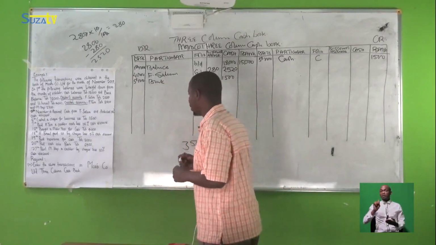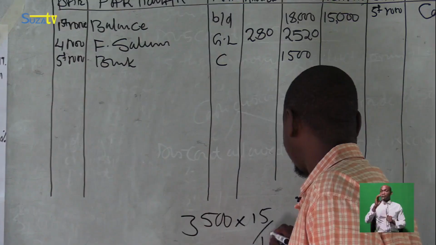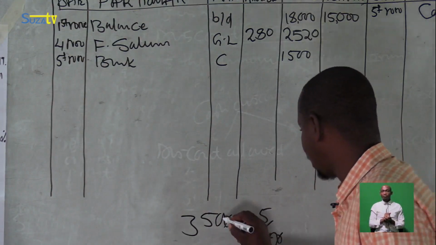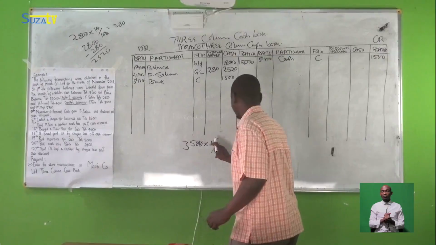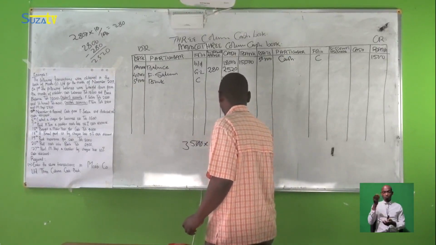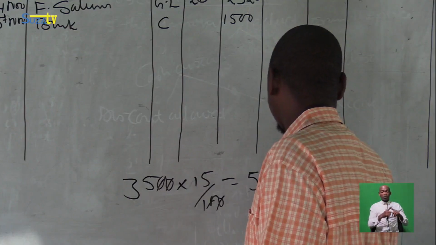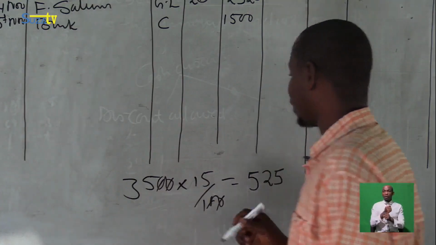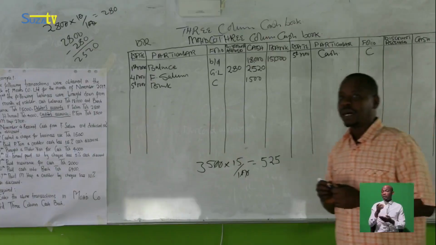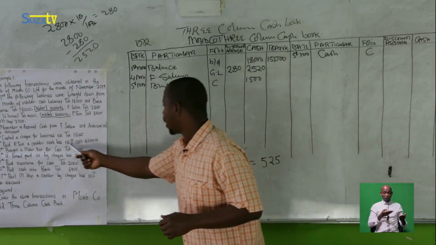How much? 15%. 35 times 15, you got 525. This is a discount received by the business when it pays P. Tom.